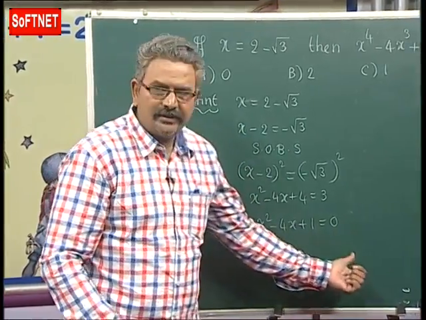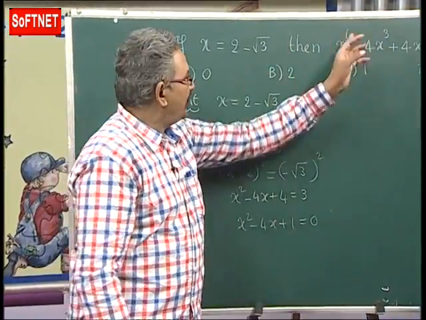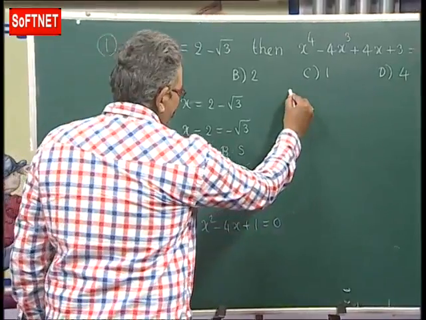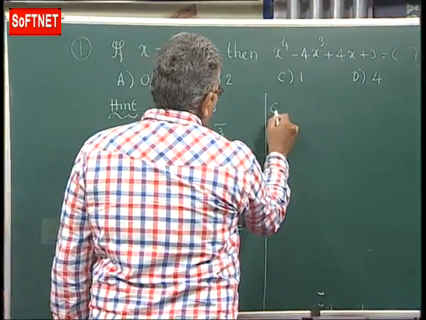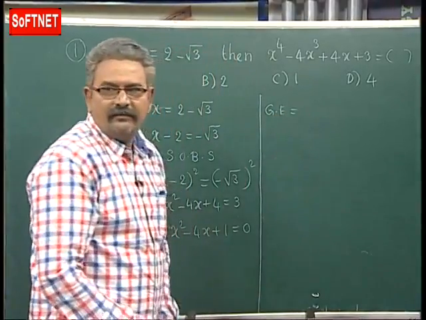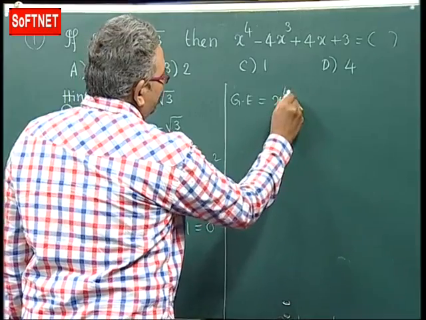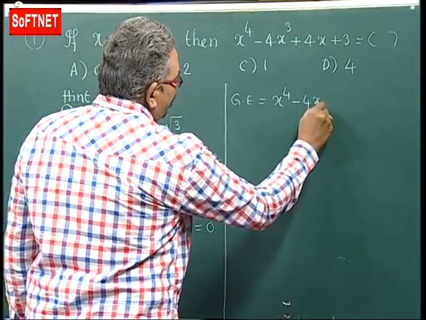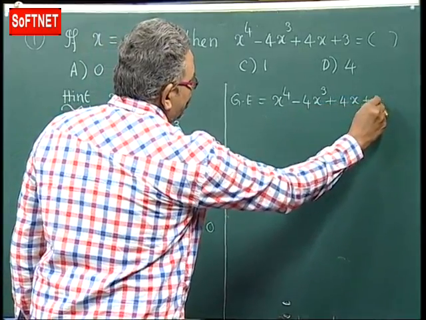With the help of this, let us find out the value of the given expression. So now let us write the given expression whose value is going to be evaluated: x to the power of 4 minus 4x cube plus 4x plus 3.